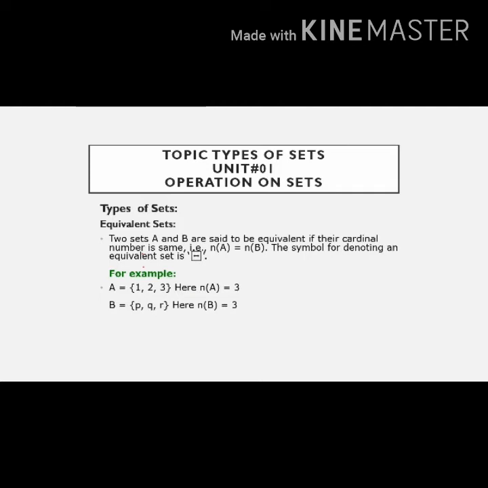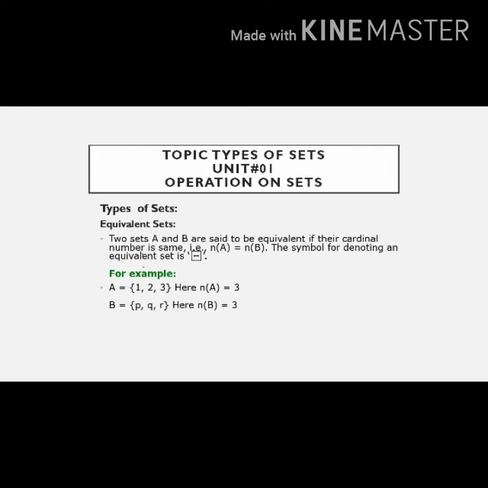In simple words, cardinal number means the number of elements a particular set has. So if two sets, suppose set A and B, have the same number of elements, these two sets are known as equivalent sets. The difference between equal sets and equivalent sets is that equal sets have the same elements, while in equivalent sets only the number of elements is the same.